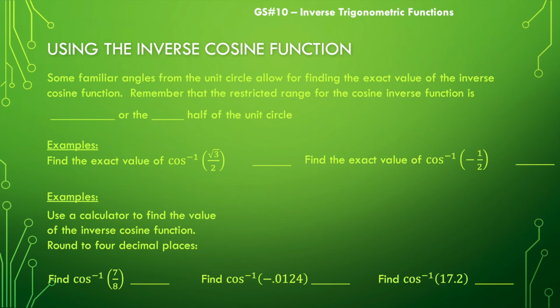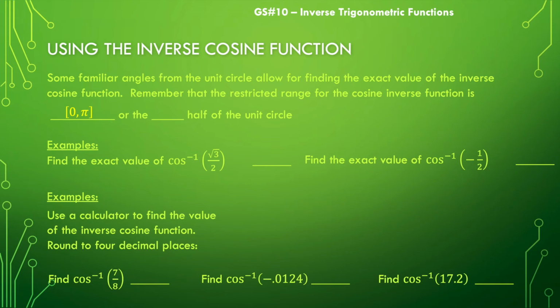Okay, so this is where we're going to evaluate the exact value of cosine inverse of things that you know from the unit circle, right? These values are values that you see in the coordinates on the unit circle. And remember that our restricted range for the cosine inverse function is 0 to pi.